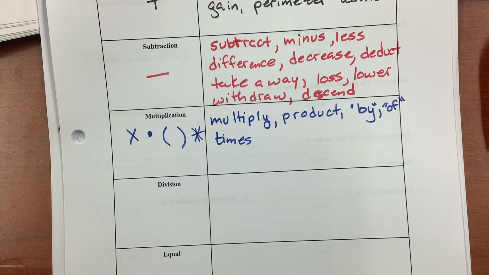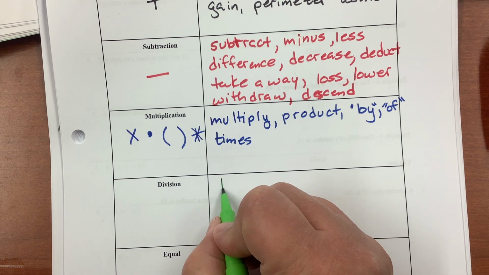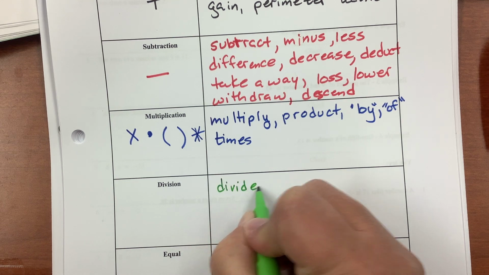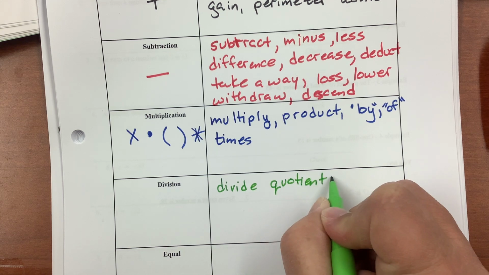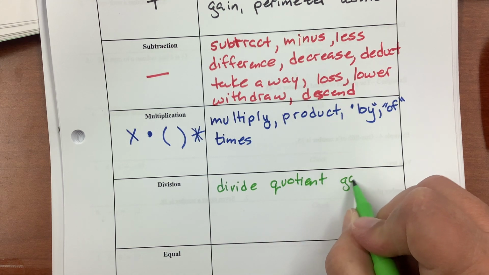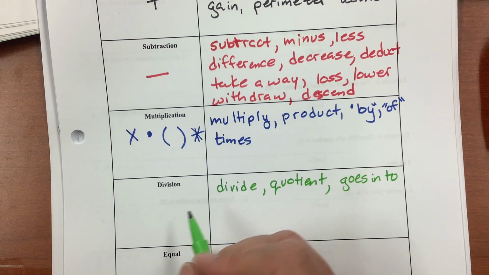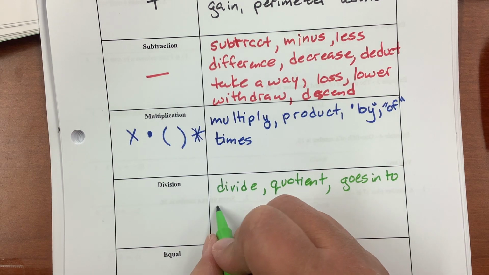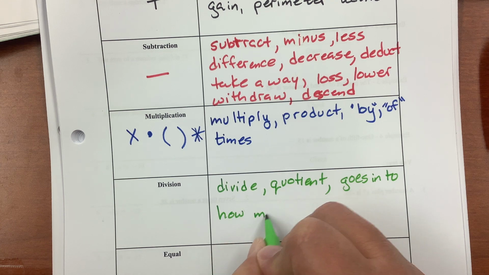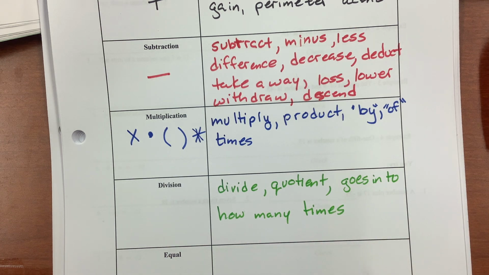Let's do some division. And division has words like divide, of course, quotient, goes into, how many times, which sounds like it should be multiplication, right? But it's not. How many times? Divided by.